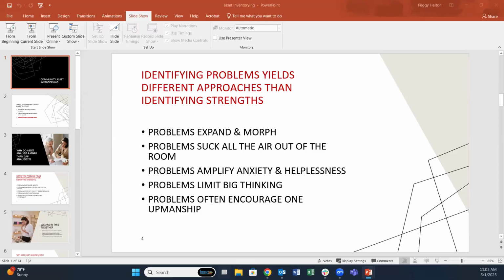Problems tend to suck all the air out of the room. We often don't get to the solutions. It's hard to move forward because we keep thinking of one more problem, one more thing.